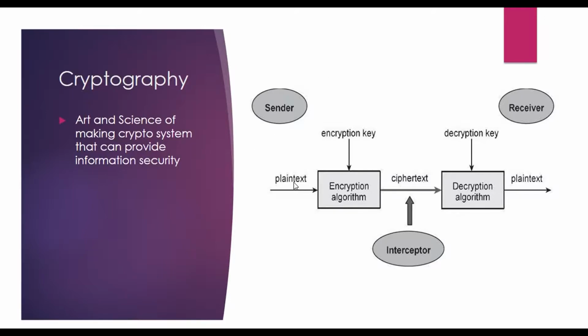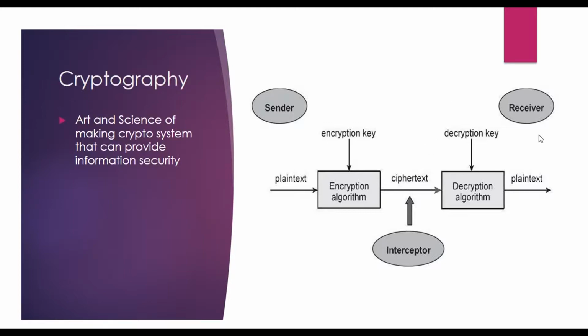So if this is the plain text, my information which I want to convey to the receiver, I apply some kind of encryption algorithm over it with the help of an encryption key. When the plain text and the encryption key combine, we get a cipher text. This cipher text is generally not readable or understandable by a human, any interceptor, or a computer.